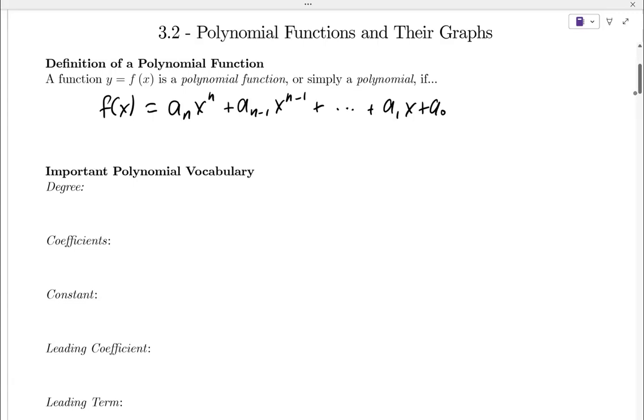So let's talk about what each piece means. First, all of these subscripts just mean that they're attached to the x to that particular power. So the a sub n just means that's the coefficient on the x to the n term. The a sub n minus 1 just means the coefficient of the n minus 1 piece, and so on down the line.